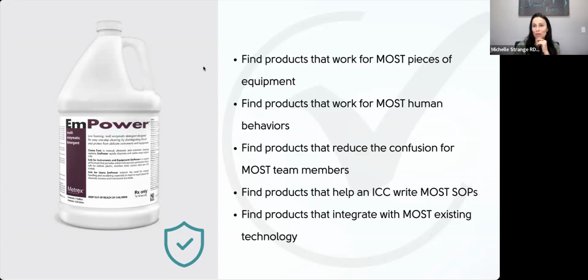I realized that I was using the wrong disinfectant on it. So the point here is the right product not only ensures better infection control, but also makes our jobs easier. So it's important to evaluate the products we use and make sure that they're going to fit into our workflows in a way that actually reduces errors and supports safety.